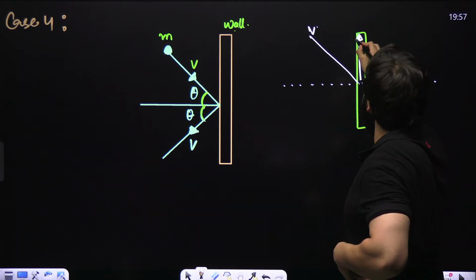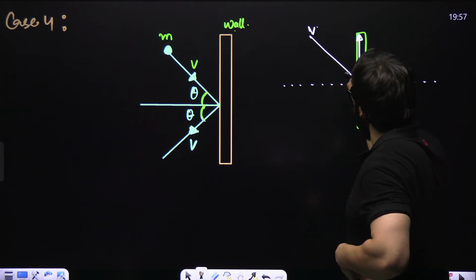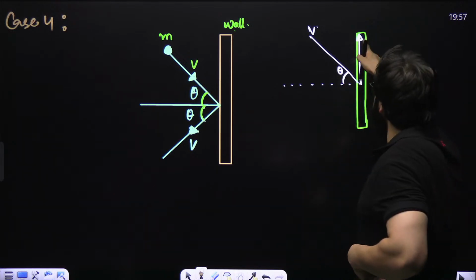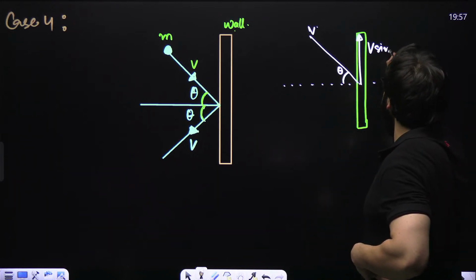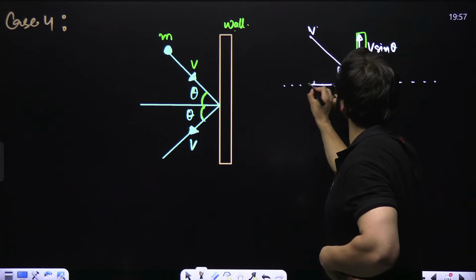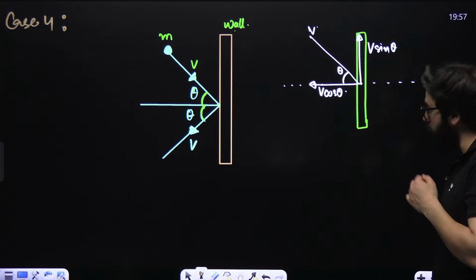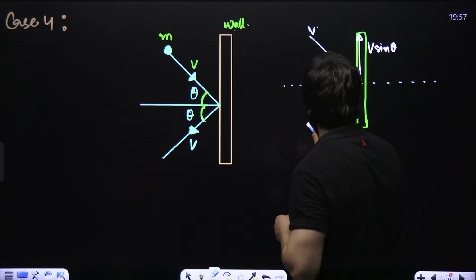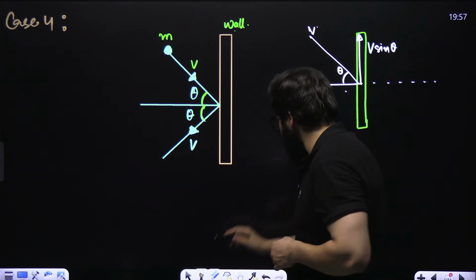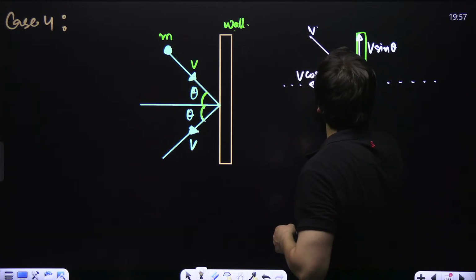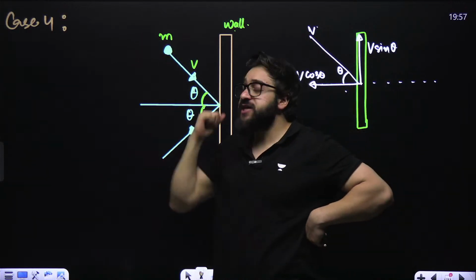One is the vertical; if this is theta, this will be v sine of theta, and this will be v cos of theta. And I'll mention it from the upper side. This one will be v cos of theta. Guys, this is the velocity vector.